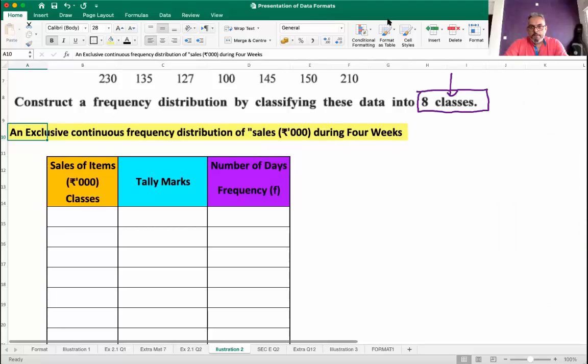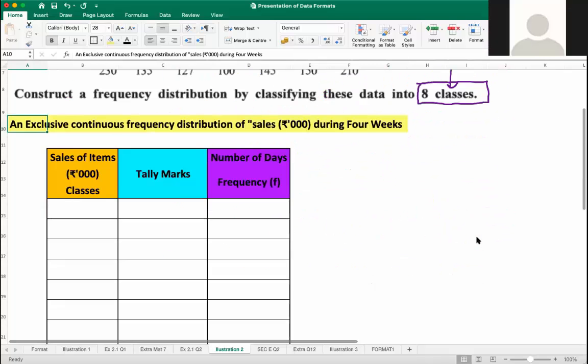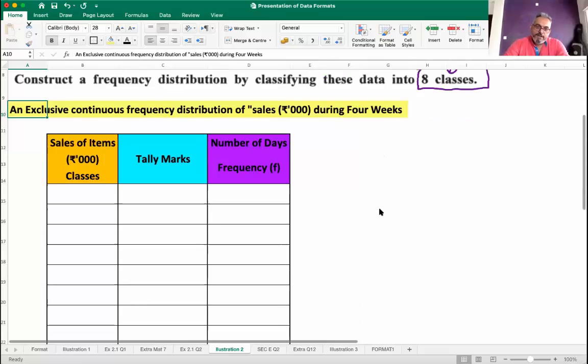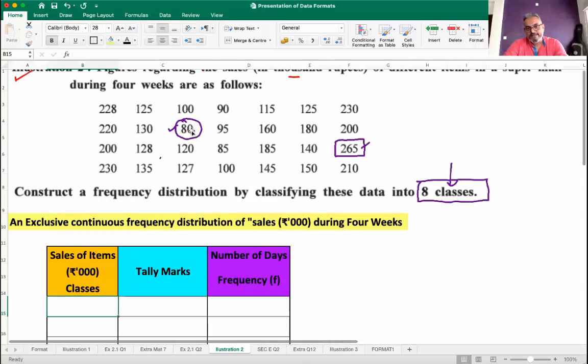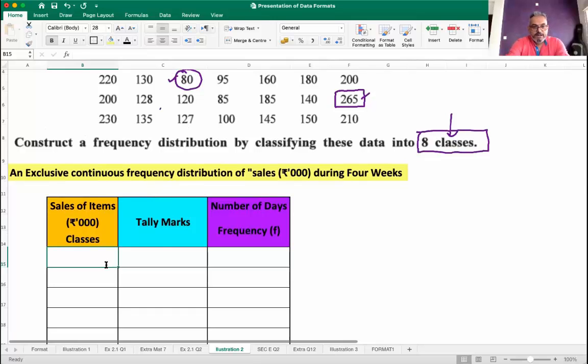Okay, now because we are taking class length as 25, and we have to go up to 265 and we have to take basically difference as 25. So we take the first class where we have to adjust this 80 also as 75 to 100.